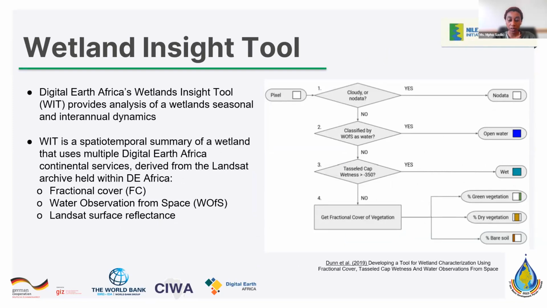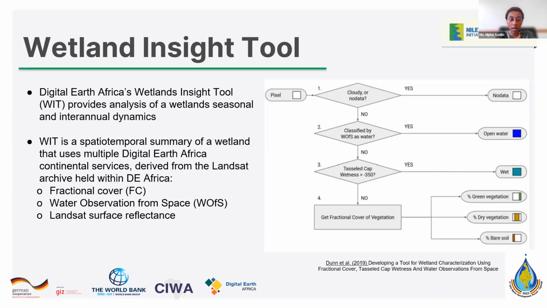So it provides you with the ability to compare how a wetland or a water body is behaving with time and how it has behaved in the past as well. This allows you to identify how the changes in the availability of water have affected the wetland that you're looking at.